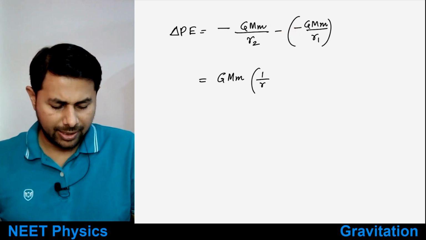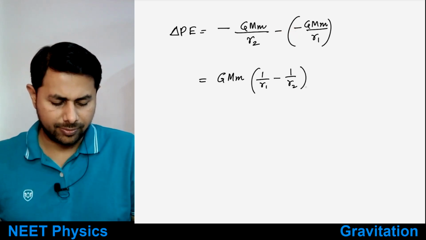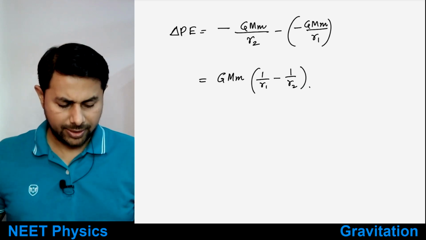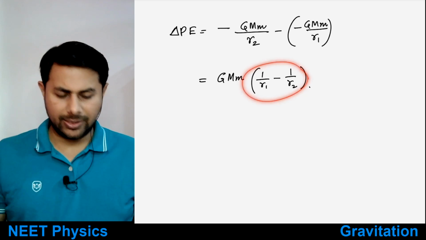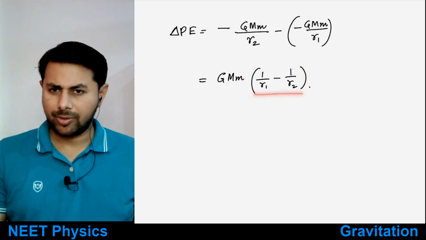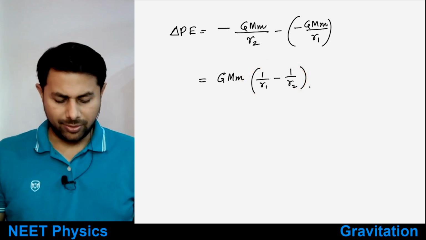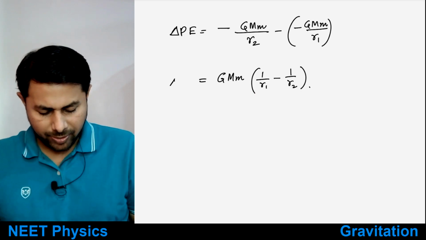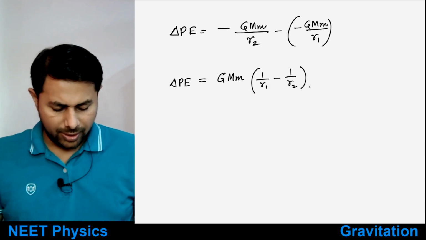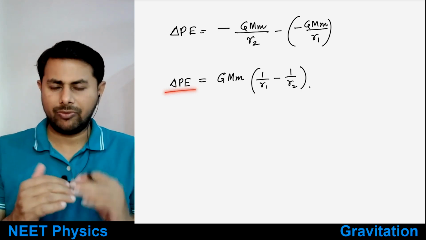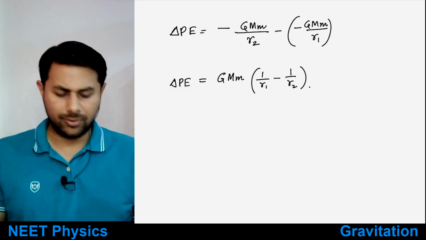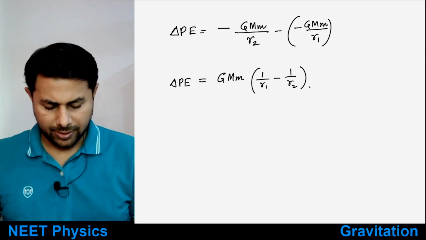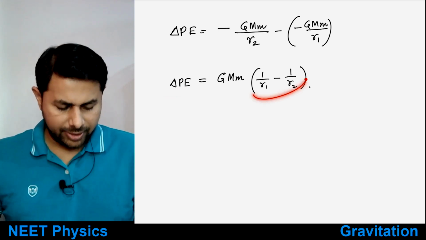It's 1 by r1 minus 1 by r2, right? So you can always make use of this formula directly. For example, in the last problem, the change in potential energy when we move a body from height r1 to r2, again, this thing also can be simplified.